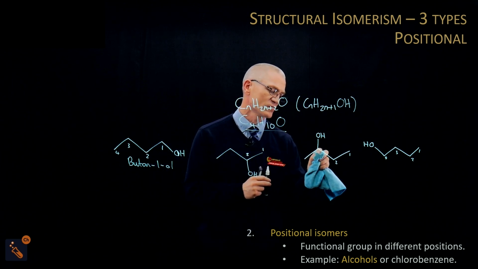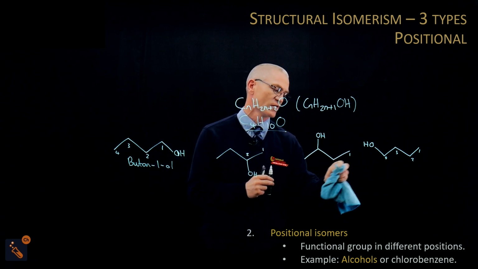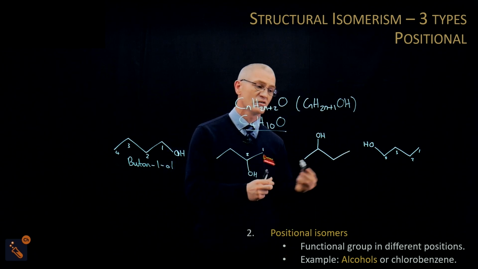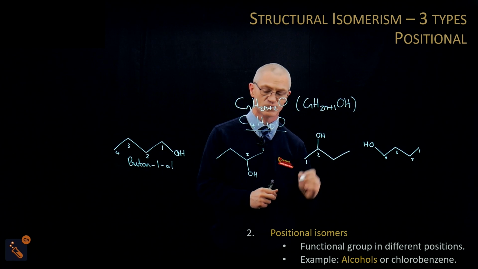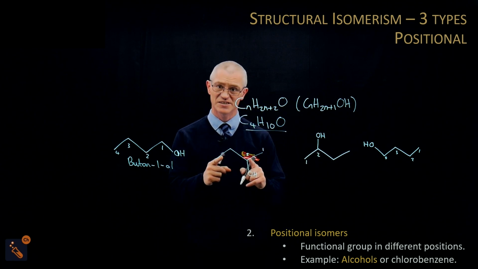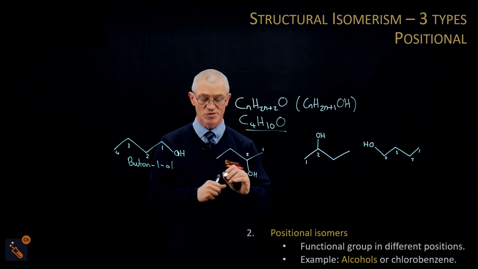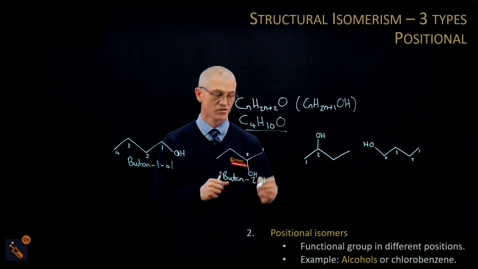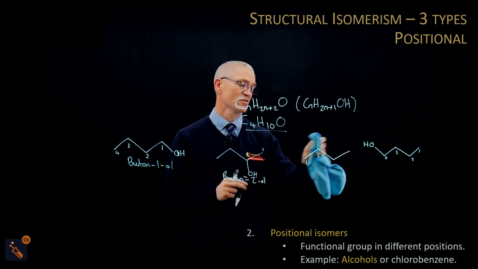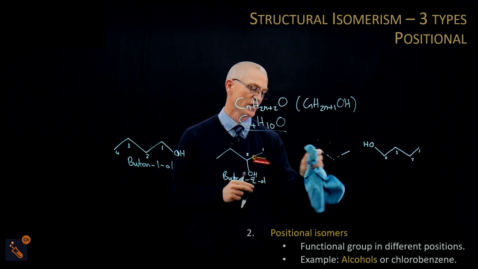If I get rid of this, okay, and then apply the earliest numbering system to this, you will see that's 1, 2. Well, 1, 2, well that means that is exactly the same as that. And this we would name as butan-2-ol, and we would also name that butan-2-ol. So it's exactly the same. So what we do is we don't need that, we are going to rub that out.